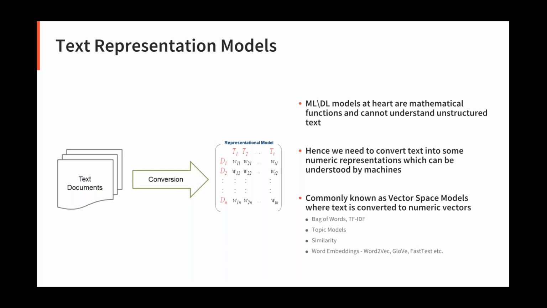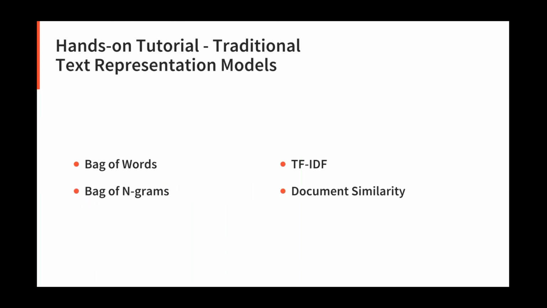So there are different techniques, as you can see: bag of words, term frequency, inverse document frequency, topic models, similarity-based features, and more advanced deep learning model-based features like word embeddings, pretty much things like word2vec, GloVe, FastText, and so on, which can be used to extract, I would say, numeric vectors from our unstructured text data. So we'll try and go to the hands-on tutorial once we finish some of the main aspects here.